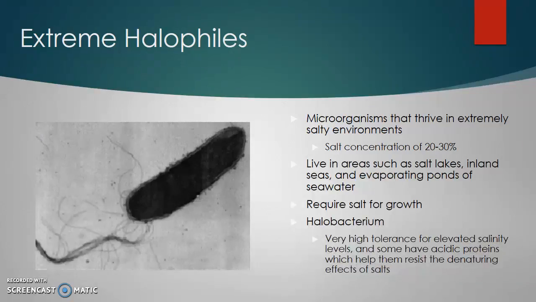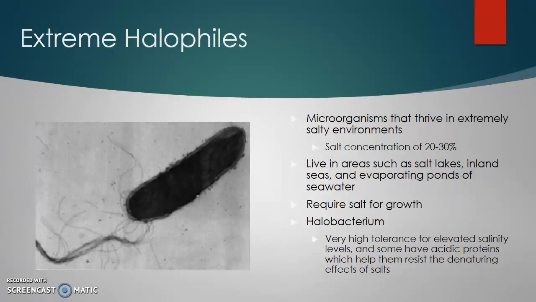Next, we have extreme halophiles. A picture right here of halobacteria. Extreme halophiles are microorganisms that grow in extremely salty environments. They thrive there, usually in salt concentrations of upwards of 20 to 30% of the total solution. They live in areas such as salt lakes, inland seas, and evaporated ponds of seawater.